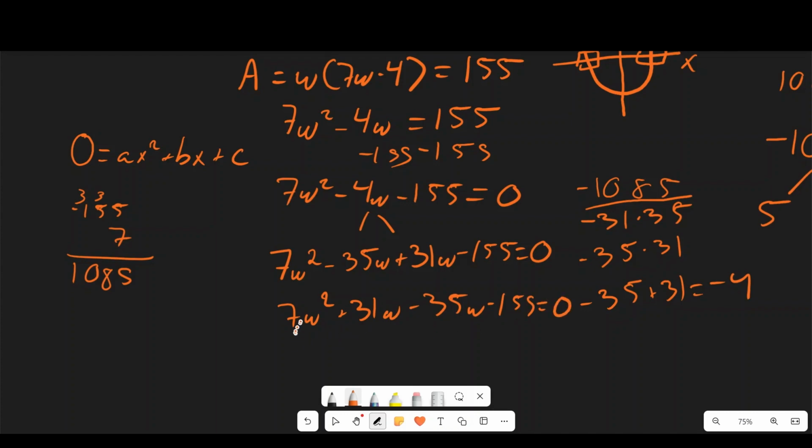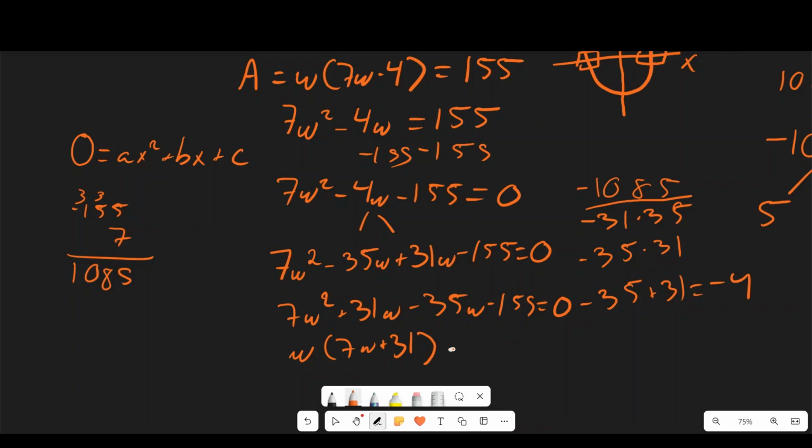So can we factor these two terms now? Well, we still can, right? Because there's a w common to both of them, so we could factor out a w. W times 7w will give us 7w squared, and then w times 31 would give us just 31w. And what about on this side? On this side, notice how both of these terms are divisible by 5, right?